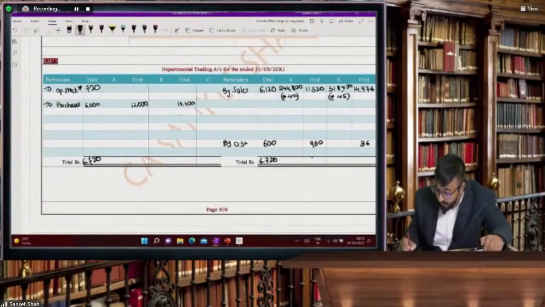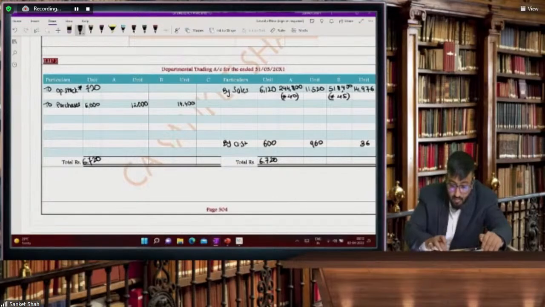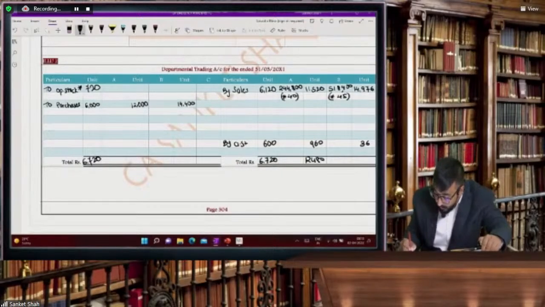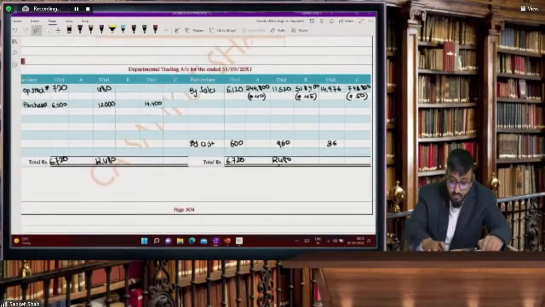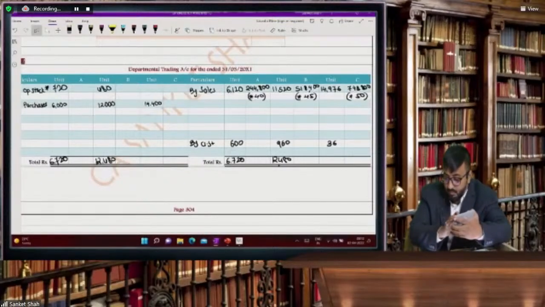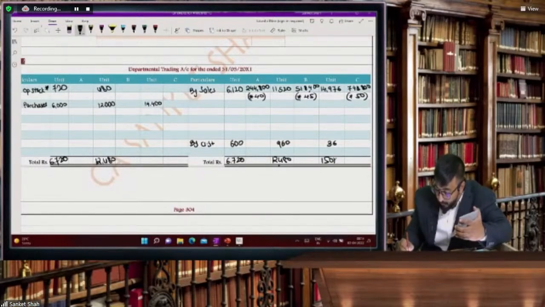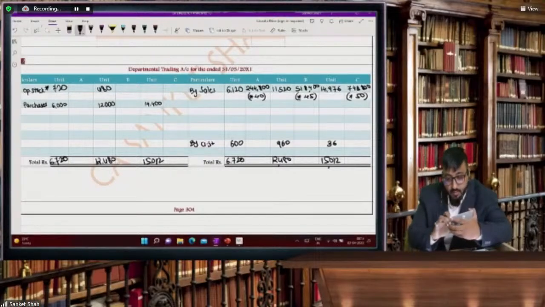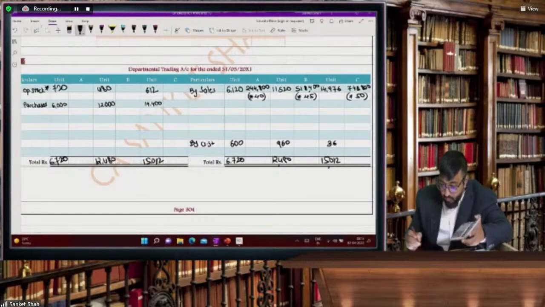Next one, tell me 11,520 plus 960: 12,480. This is 480. And last one, 15,012 minus 14,400: 612.